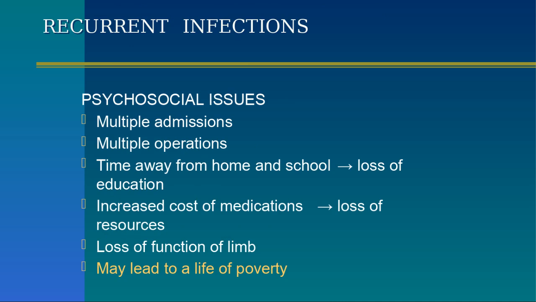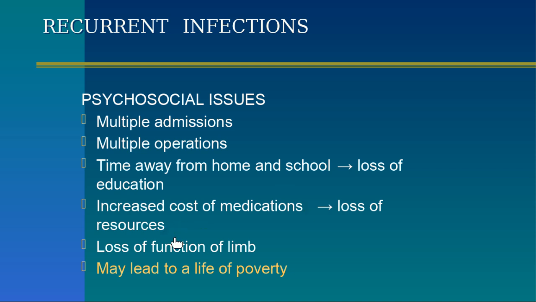Now, we have looked at all of the physical problems that can go wrong, but I want to highlight that time away from home and school, you have loss of education, the increased cost of medications, prolonged medication, loss of resources.